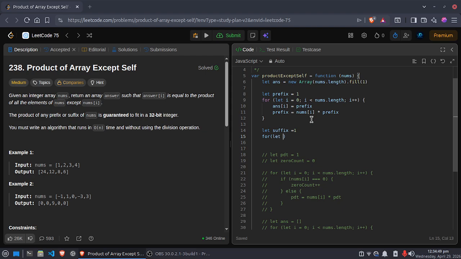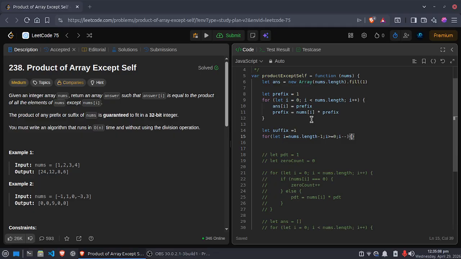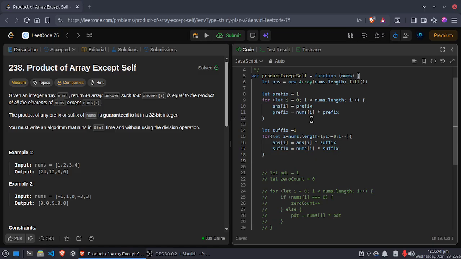For let i equal to nums.length minus 1, i greater than or equal to 0, i minus minus, answer of i equal to answer of i multiply suffix, and suffix is equal to suffix multiply nums of i, the same pattern. In the end we have to return the answer array.